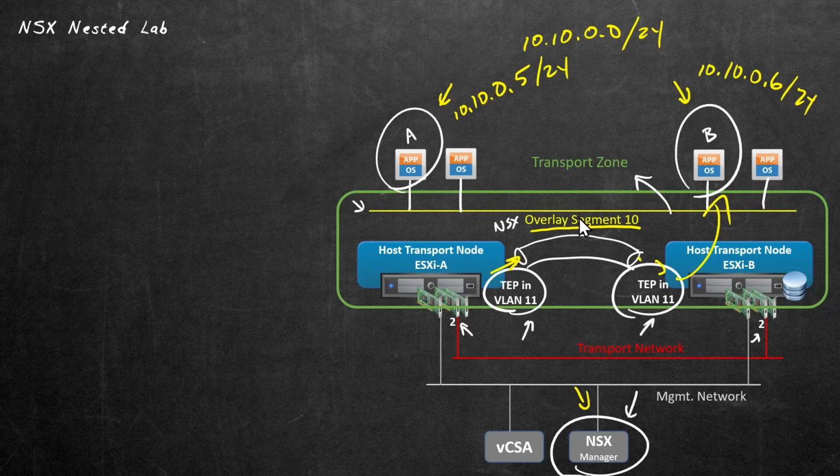To create the overlay segment, we'll go to the NSX manager, to the networking section, and create a new overlay segment, and we'll name it overlay segment 10 to match our topology right here. Once it's created, we can logically attach VMs to that logical network segment. As traffic needs to be forwarded across different ESXi hosts acting as host transport nodes, they'll use the tunnel endpoints and the Geneve tunnel for forwarding that traffic.